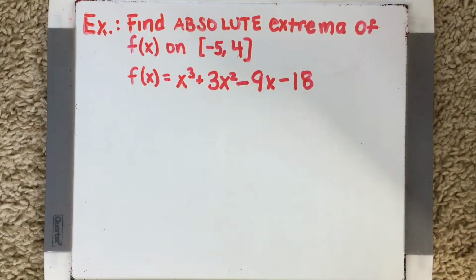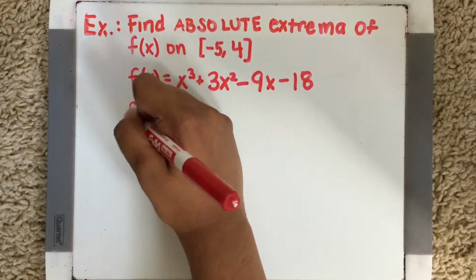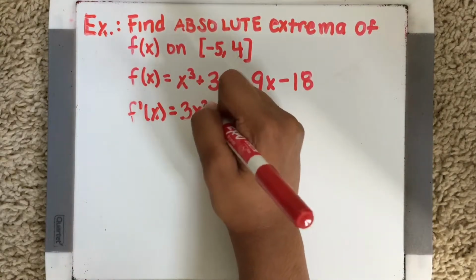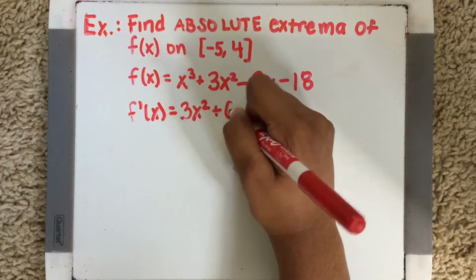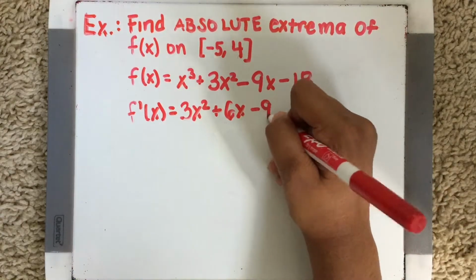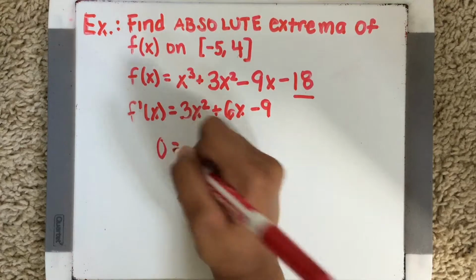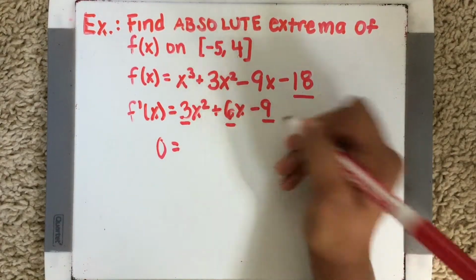Now in this example, we have to find the absolute extrema of f of x on the closed interval -5, 4. So let's take the derivative. In this case, the derivative is 3x squared plus 6x minus 9, and the -18 is a constant, so it disappears. Now let's set the derivative equal to 0.